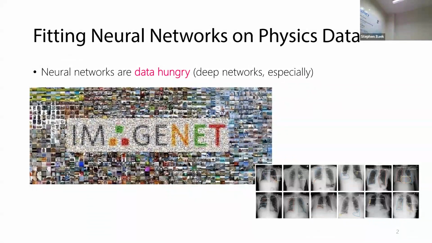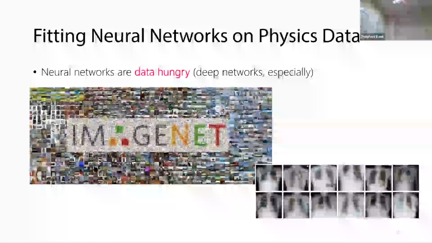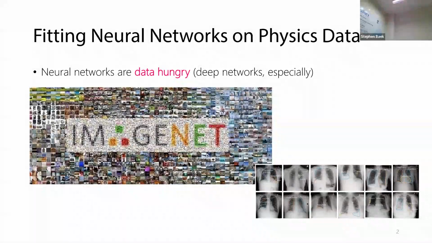In computer vision, we have ImageNet, from which you can download millions of images and pre-train your model. There are also many other computer vision data sets available out there. So training a neural network and finding necessary data isn't necessarily a problem.